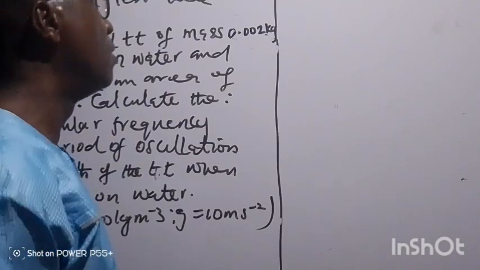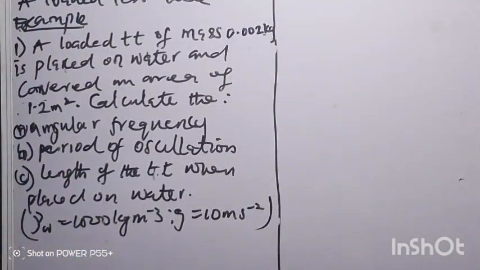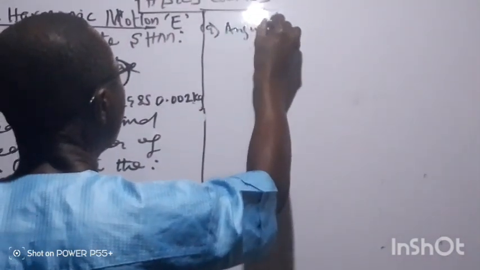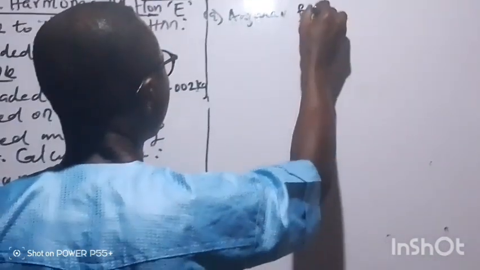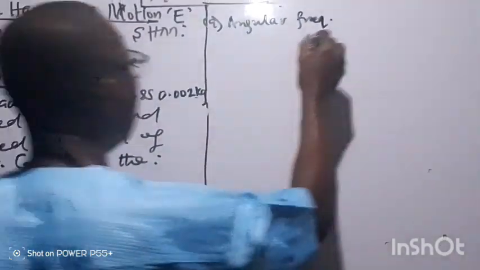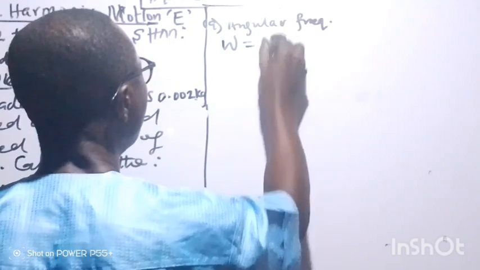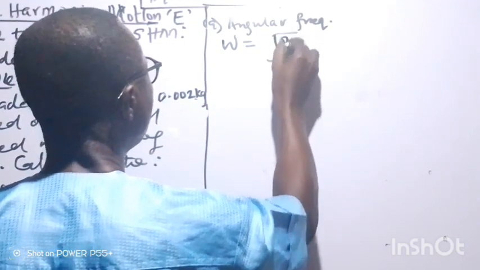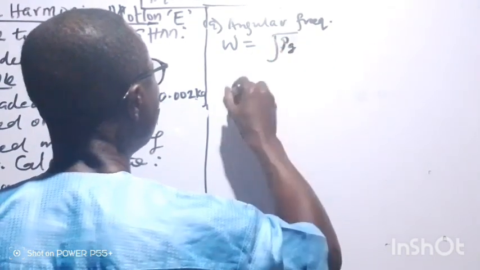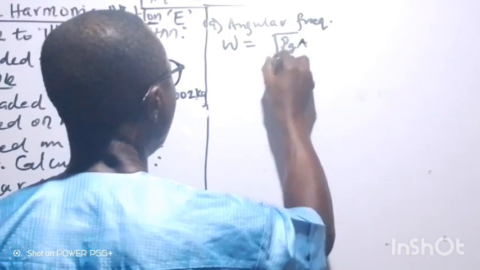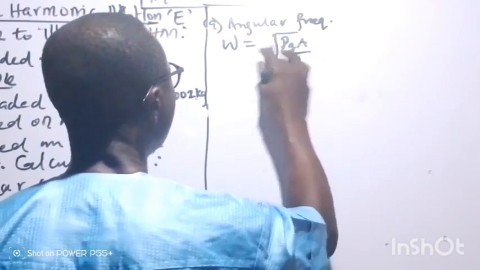The first question, which is part A of the question, asks us to calculate angular frequency. And that one is omega, which is equal to the square root of density of water multiplied by acceleration due to gravity multiplied by area covered, then divided by mass of the test tube.